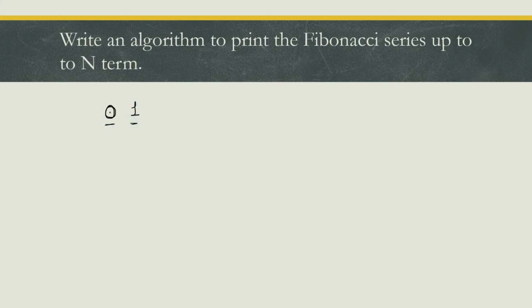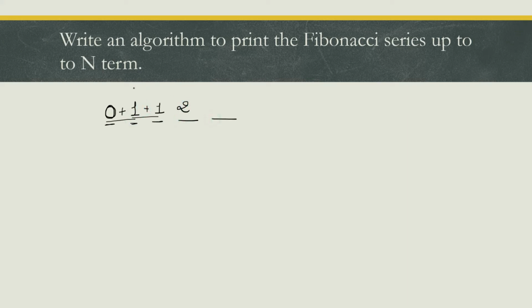This is fixed. How many terms have we printed so far? 2. So what is the third term? You have to add these 2. 0 plus 1, 1. What is the fourth term? 1 plus 1, 2.